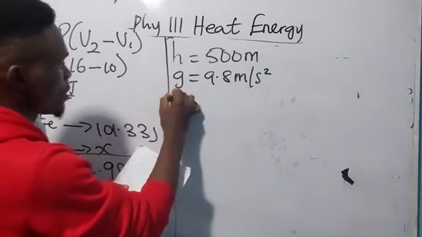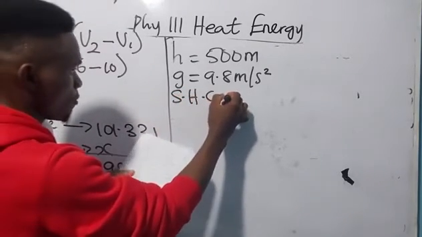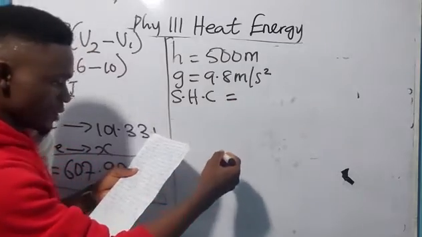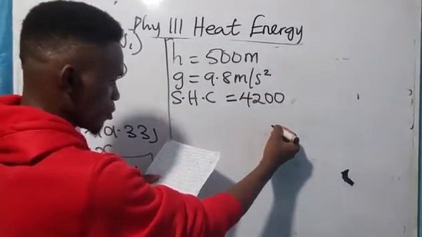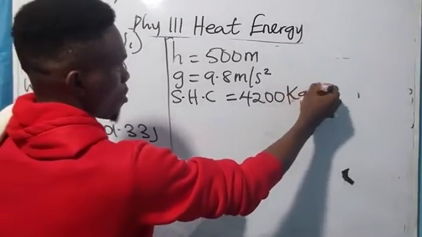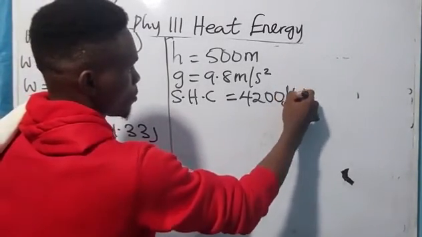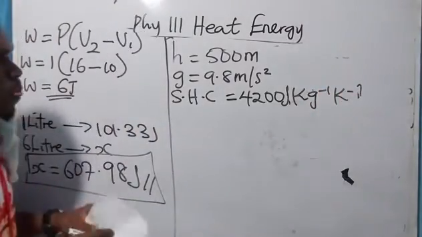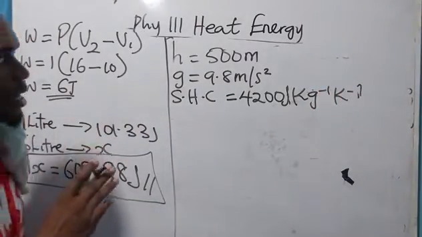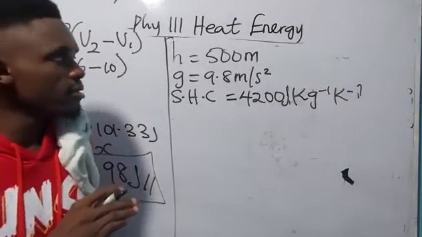Okay, they said specific heat capacity of water is 4,200 joules per kilogram per Kelvin.